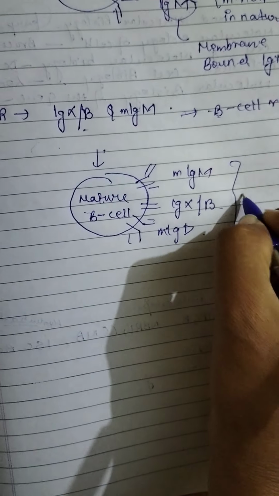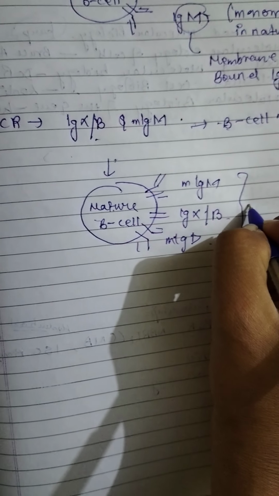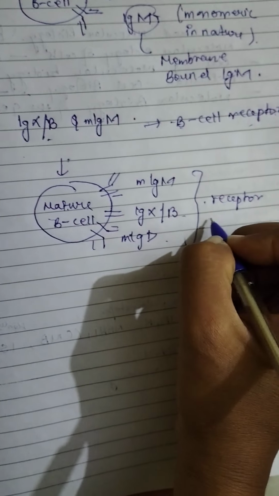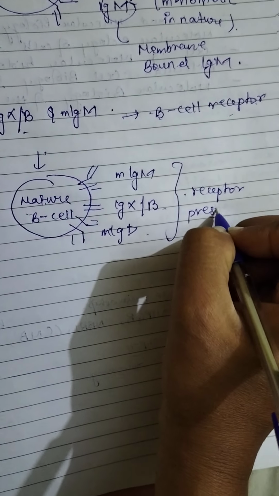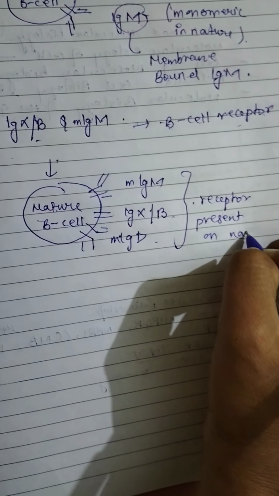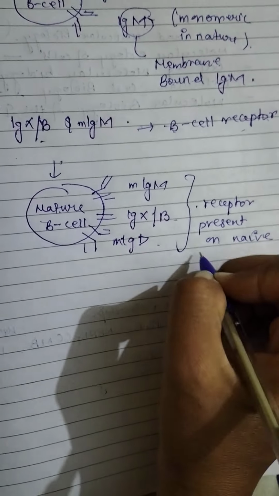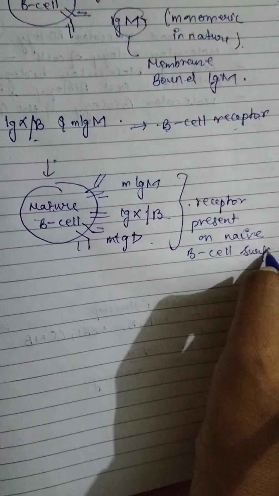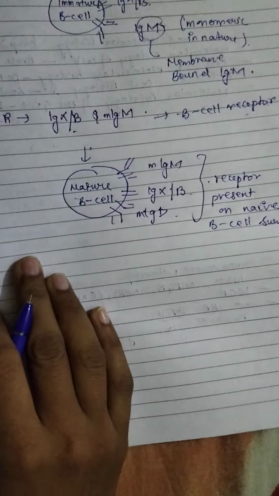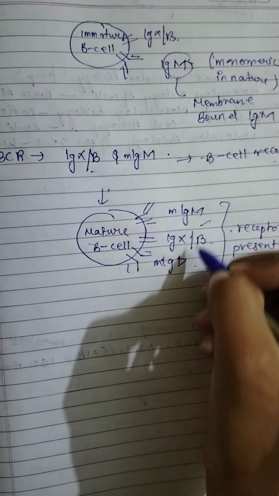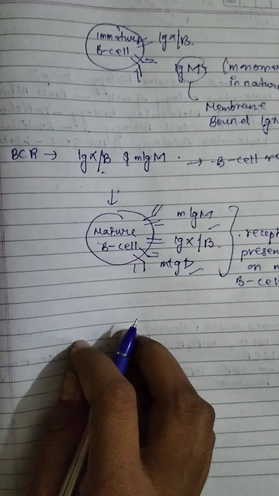These receptors are present on the naive B cell surface. So there are two antibodies which are membrane bounded: IgM and IgD.